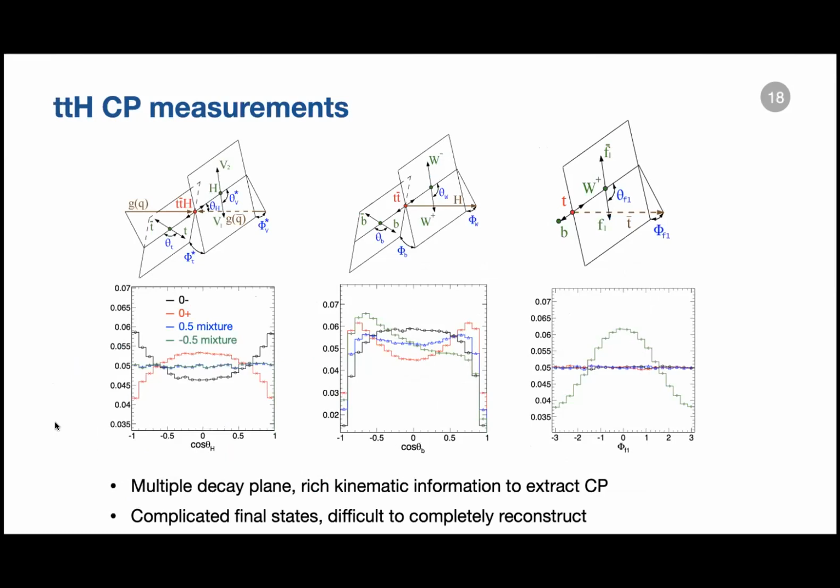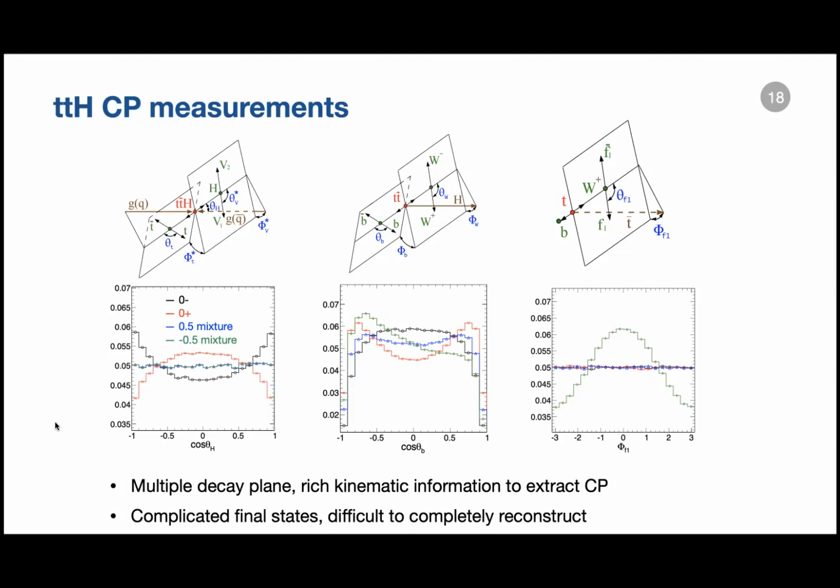The very first Higgs fermion CP measurements were done on ttH production, because the top is the heaviest fermion that couples to the Higgs, and because of its heaviness, the CP violation in this channel is also the most obvious.